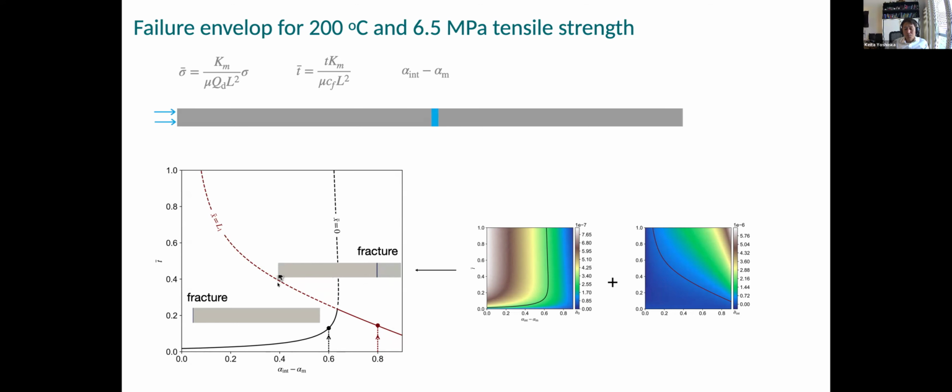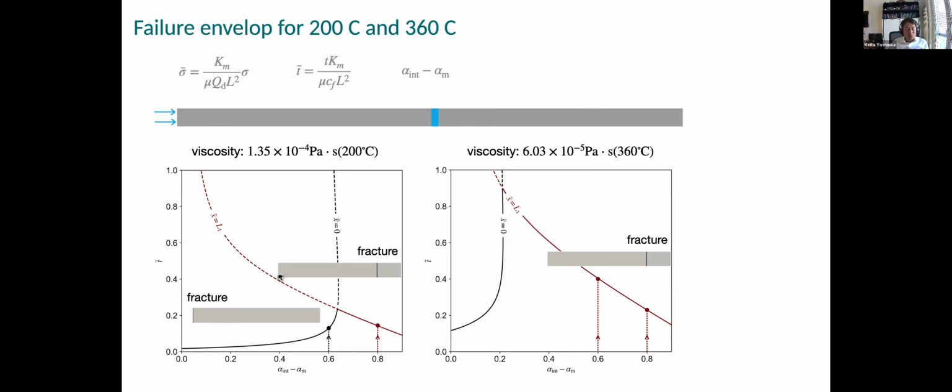We can repeat this exercise for different viscosity. If we consider water viscosity corresponding to a temperature of 360 degrees C, these two lines shift in this way.